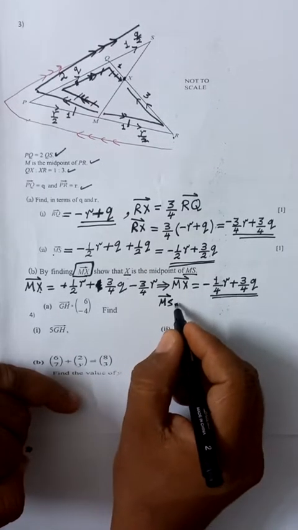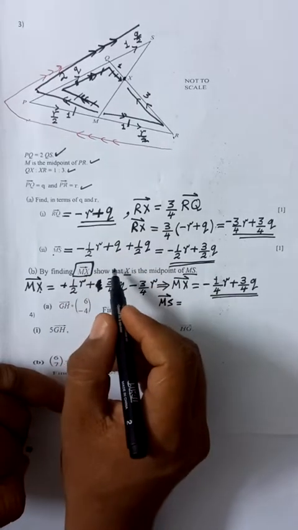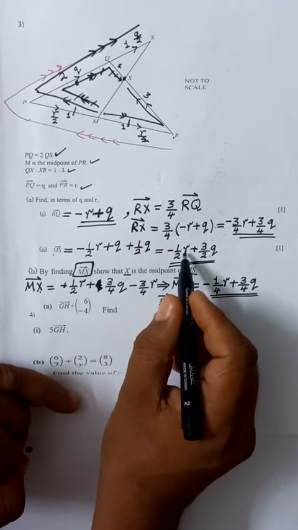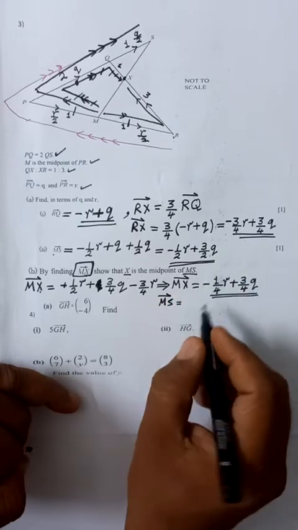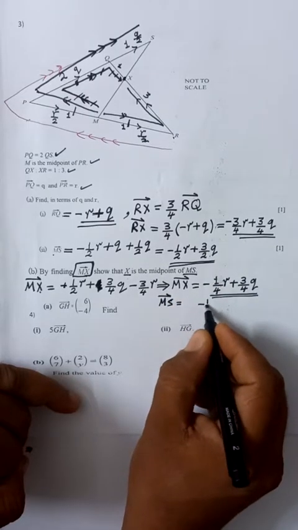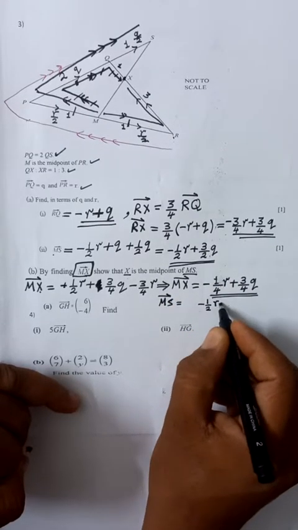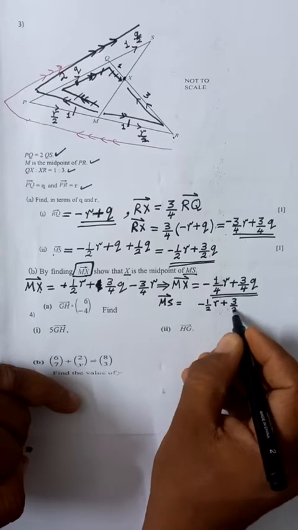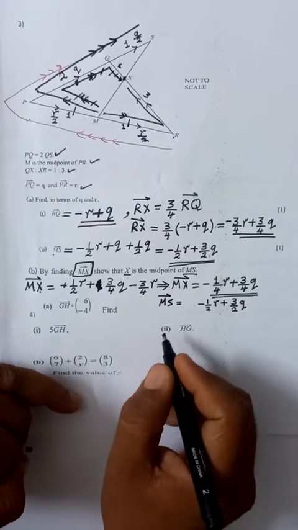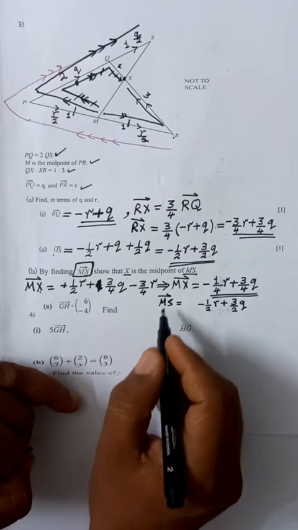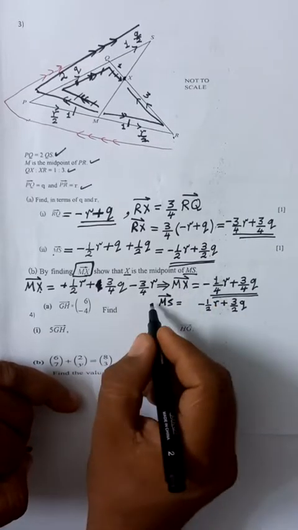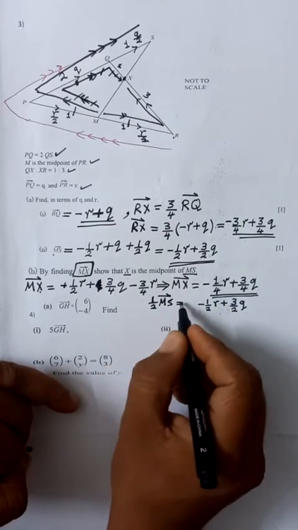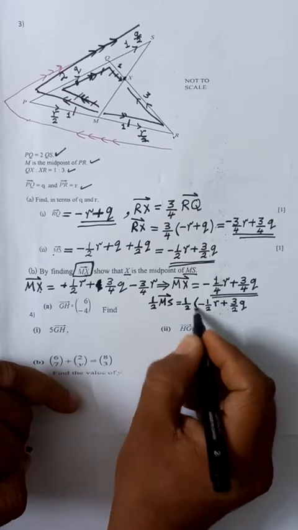Okay, we know that ms is negative 1 over 2r plus 3 over 2q. This is ms. Actually, I don't want ms, I want half of ms. So half of it is like this.